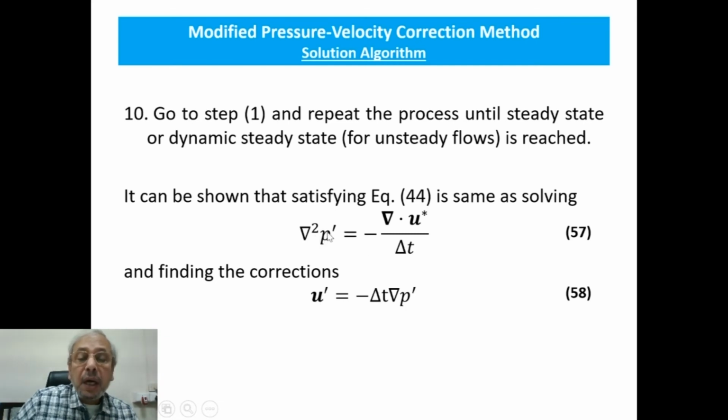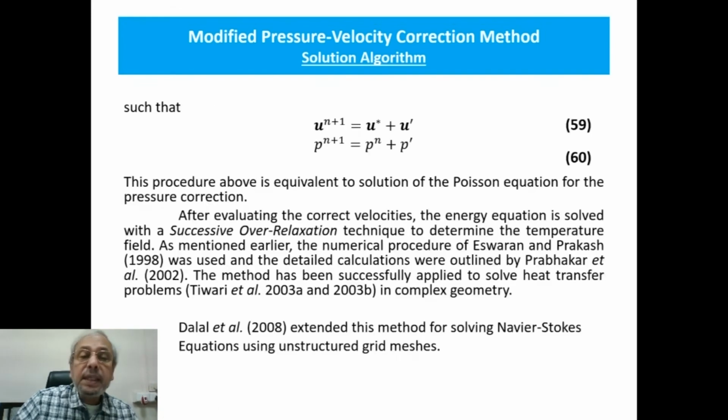When we get non-zero pressure correction term, we get a velocity correction done by equation 58, and basically we keep on updating u star through velocity correction so that u n plus 1 evolves, and pressure also is modified through pressure correction so that pressure at the level n plus 1 evolves.